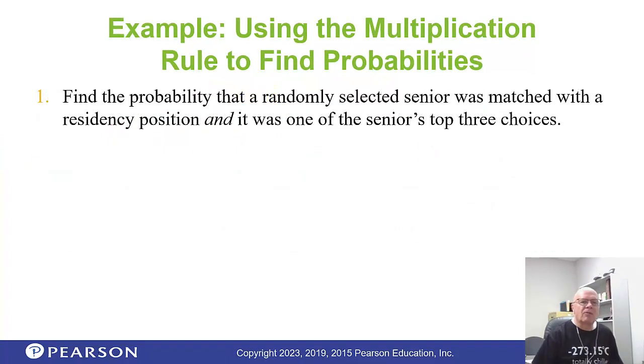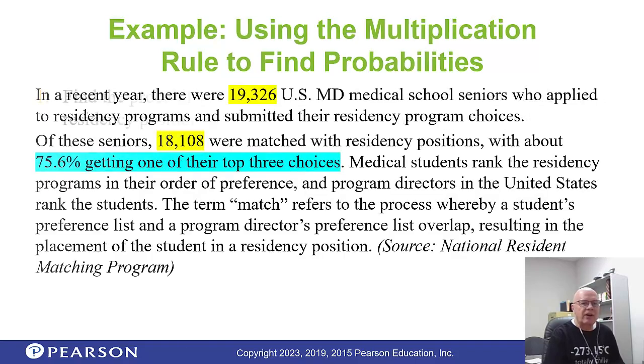So what's the probability that a randomly selected senior was matched with a residency position and it was one of the senior's top choices? Now you might want to check back here again. Remember, you can use pause, but we'll sneak back here anyway. You might want to get those.